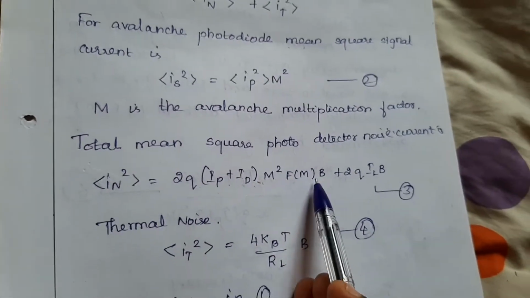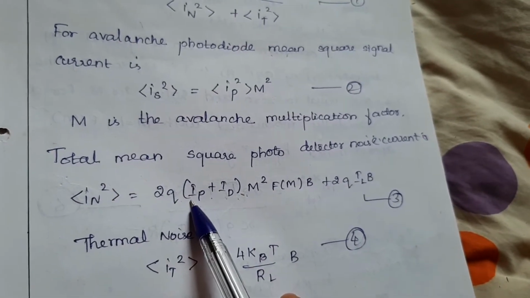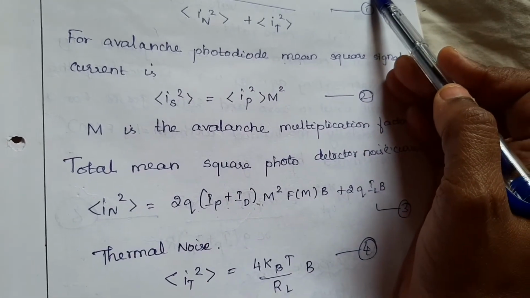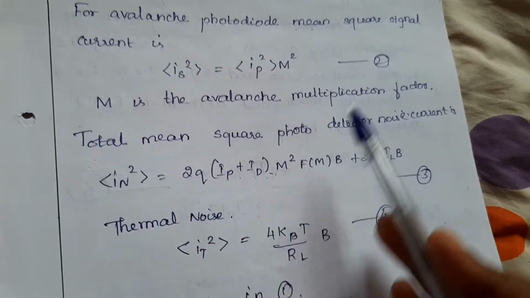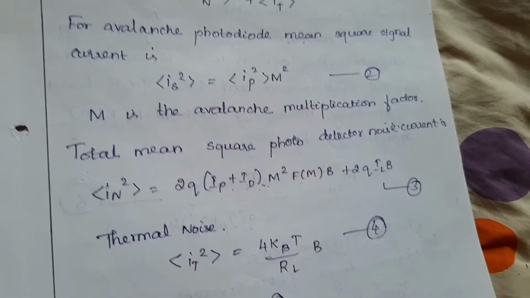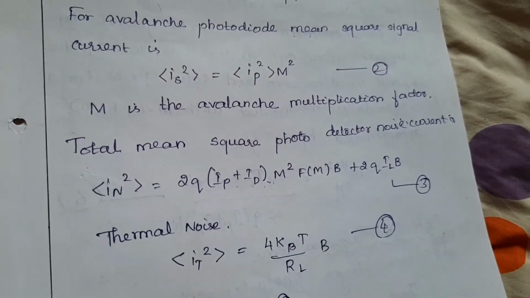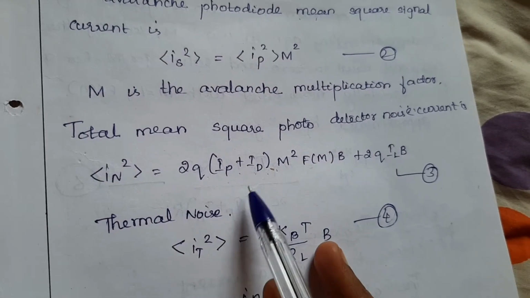Now in our total mean square photodetector noise current, you can write this value as the photo current Ip plus, here we are combining, because there is noise due to quantum and there is a dark current also.